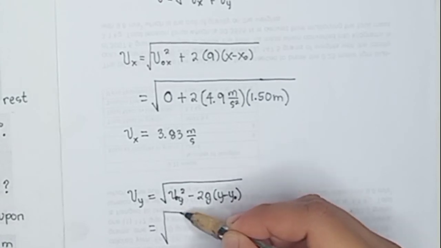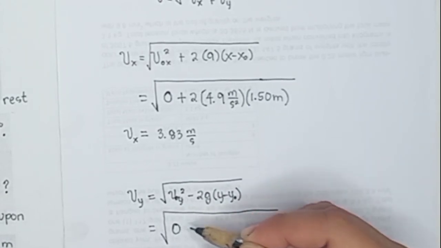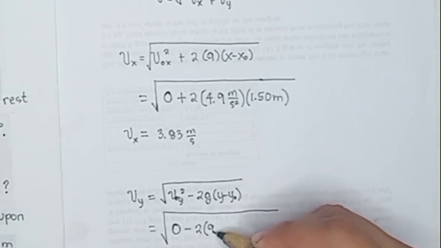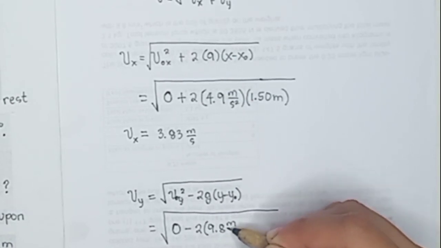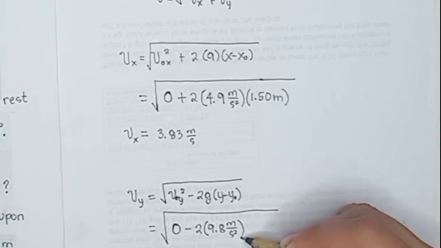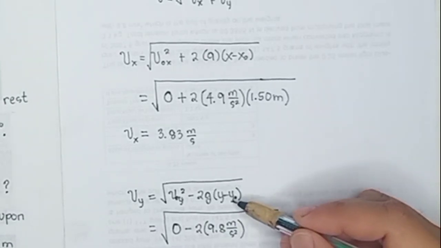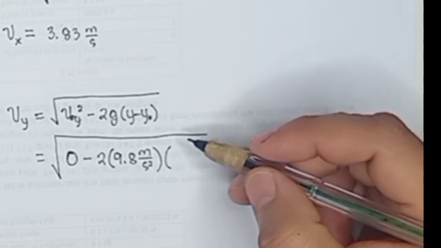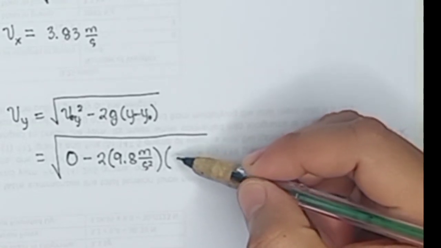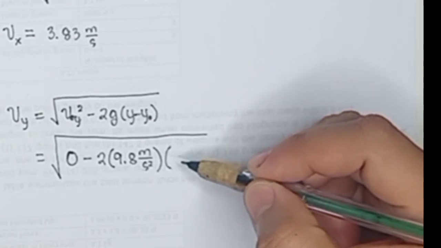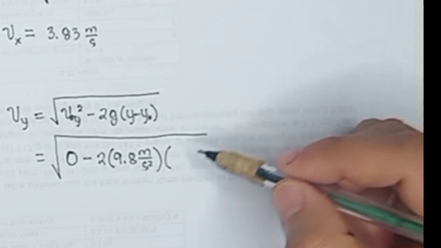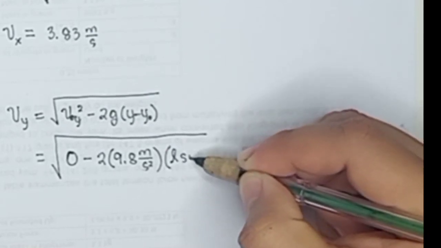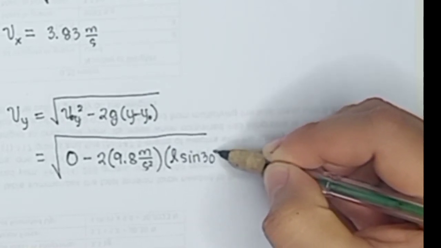So this is square root of 0 minus 2 times 9.8 meters per second squared times y minus y sub O. Our y minus y sub O is equal to the length of the ramp times the sine of the angle 30 degrees. That is, it's equal to L times sine of 30 degrees.